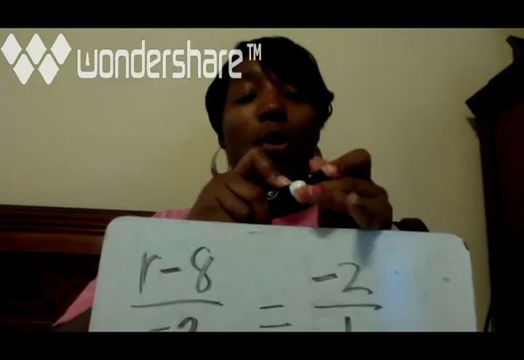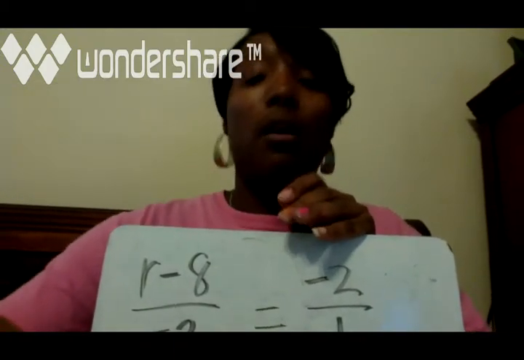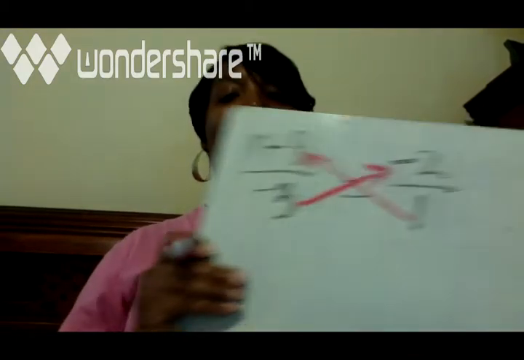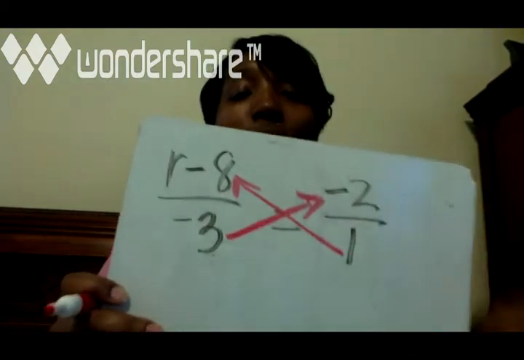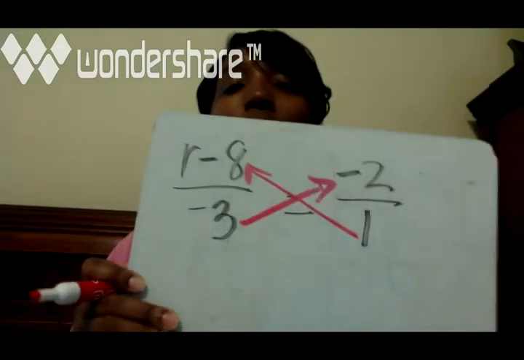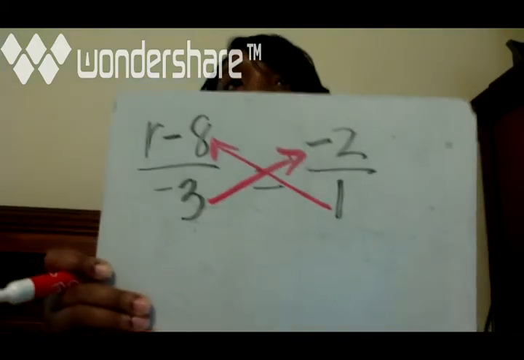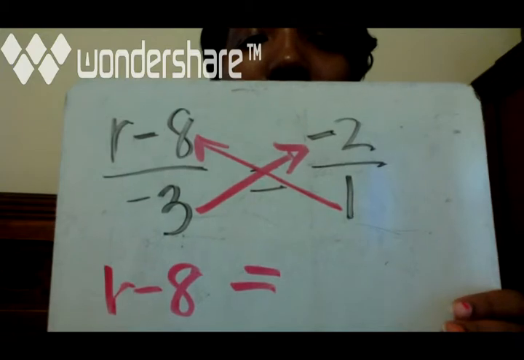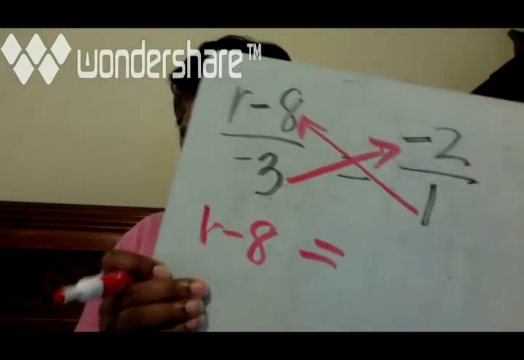So 1 times r minus 8 would give me r minus 8, and negative 3 times negative 2 will give me a positive 6.